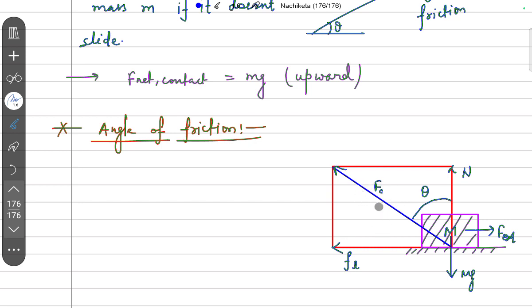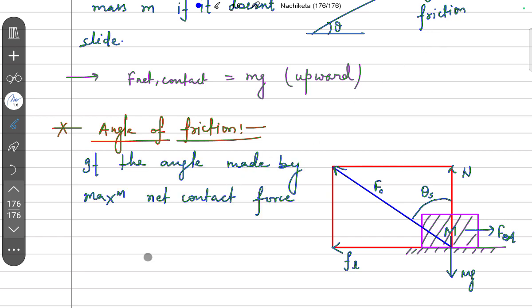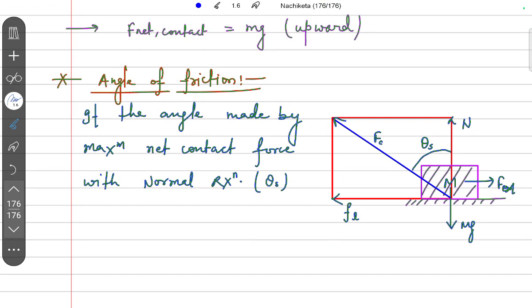It is the angle made by the resultant maximum contact force with the normal reaction to the contact surface. That is called angle of friction. Okay. So I will write the definition. So here theta s is nothing but the angle of friction. So in the figure, theta s is your angle of friction.